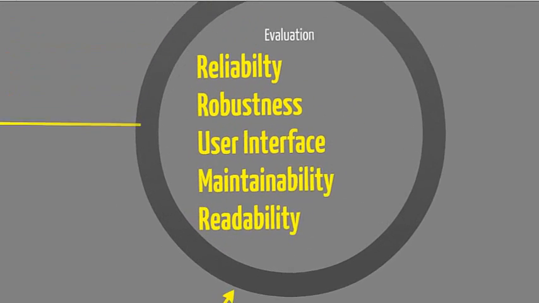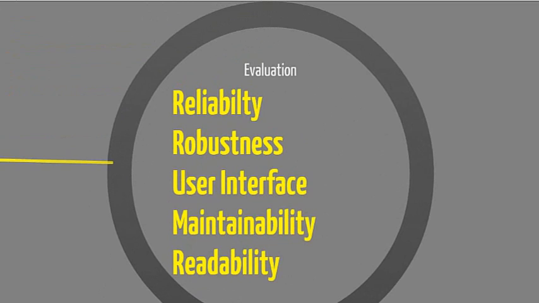After documentation, we then move on to the evaluation stage, and there are several evaluations that are carried out. These are some of the main ones. Reliability and robustness, they'll tend to ask you what's the difference between the two of them. Reliability is asking, does the program do what it's supposed to do regardless of how it's been designed?